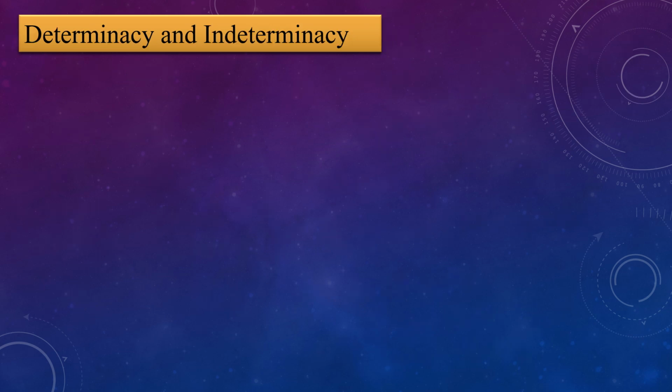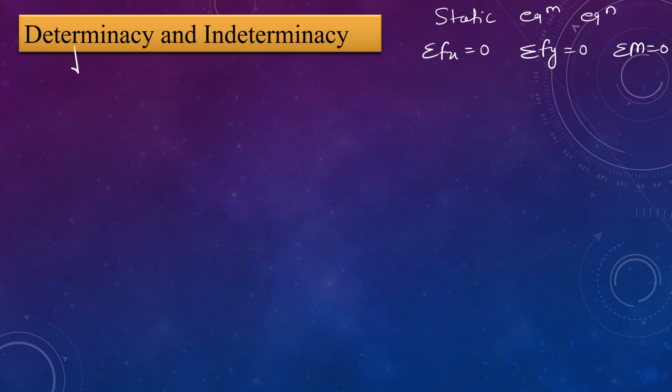Then determinacy and indeterminacy. Before discussing this, we first discuss the static equilibrium equations. There are three equations: summation of Fx equal to 0, summation of Fy equal to 0, and summation of moment equal to 0. Here first is determinacy, second is indeterminacy.